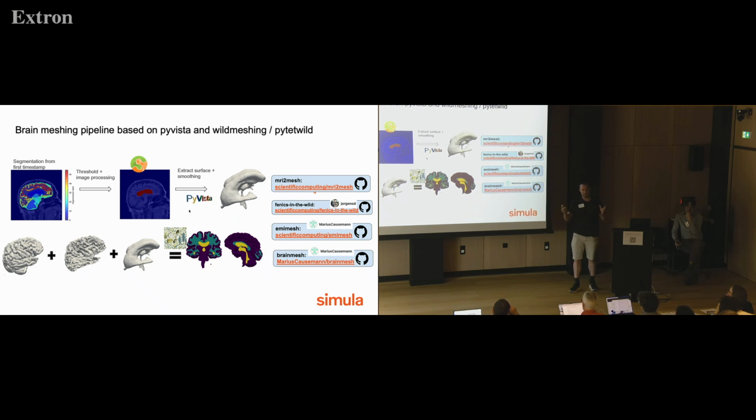Once we have these different surfaces, we can mesh them together using wildmeshing or the wrapper pytetwild to create the tetrahedral mesh. This pipeline also goes internally under the name the Marius pipeline, after the creator. Here are some of the repositories where we use this pipeline. If you are interested in creating complicated meshes, I would recommend checking out some of them.